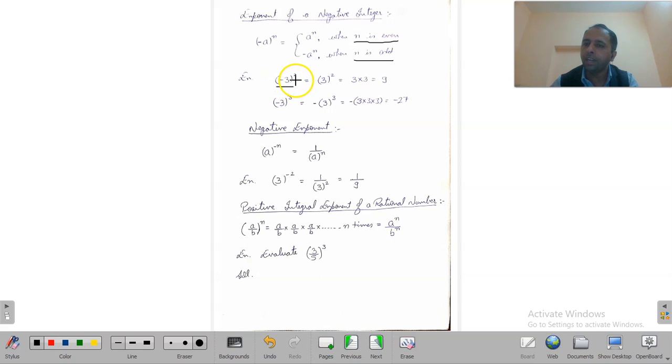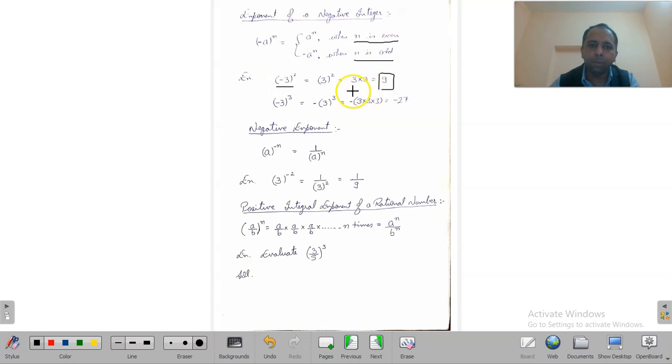Because the exponent value is even, minus 3 to the power 2 will become 3 to the power 2, and 3 to the power 2 is 3 multiplied by 3, that means the value 9.